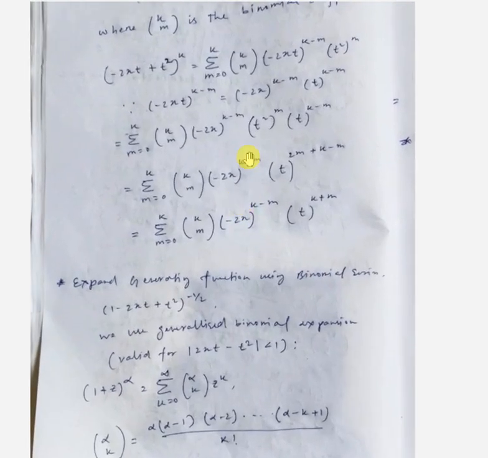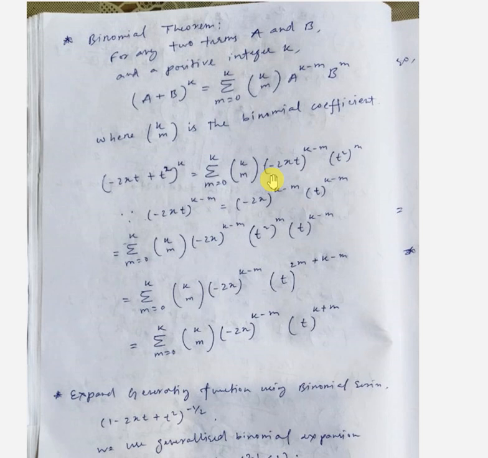So that's it. Now, binomial theorem for any two terms a and b can be written as (a plus b) whole to the power k equals the summation m from 0 to k of k choose m, a to the power k minus m, b to the power m, where k choose m is the binomial coefficient.